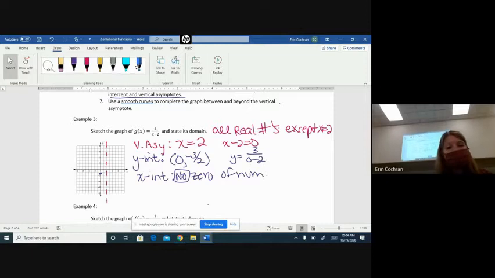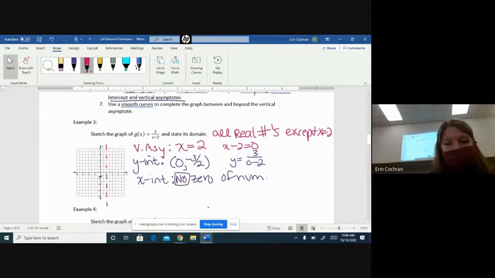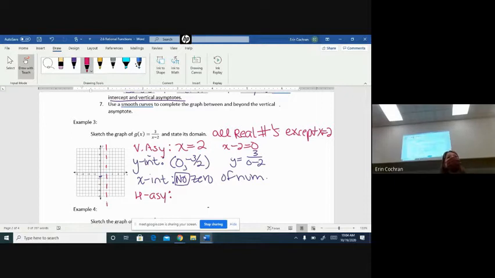And then my horizontal asymptote, okay? Is the degree of my numerator less than, greater than, or equal to the degree of my denominator? Well, what's the degree of the numerator? 0. Why? There's no variable, right? So what exponent would cancel out your variable? 0, right?